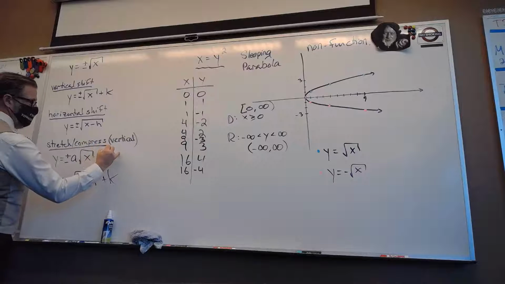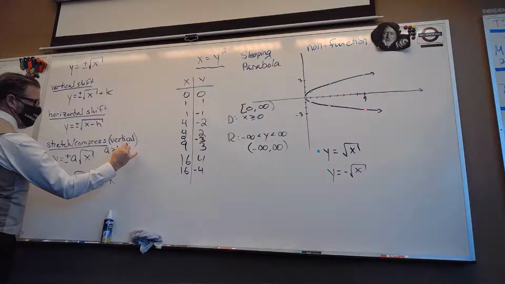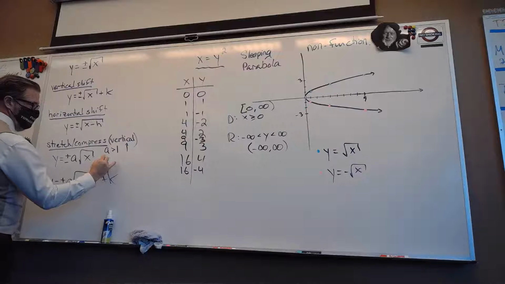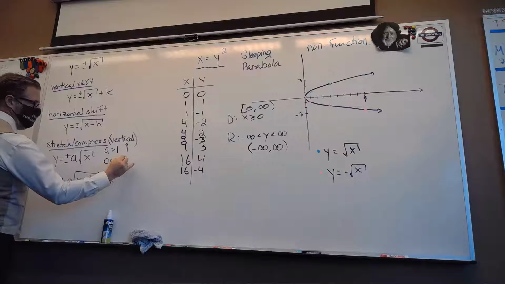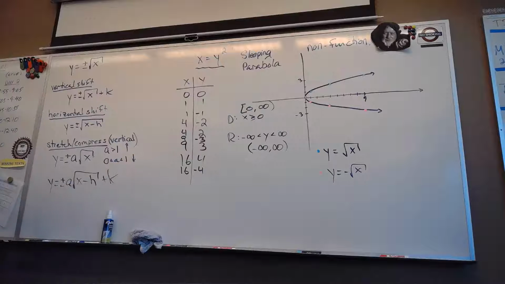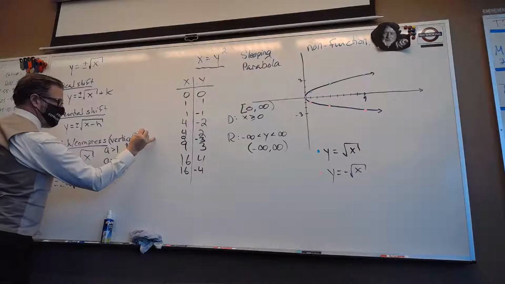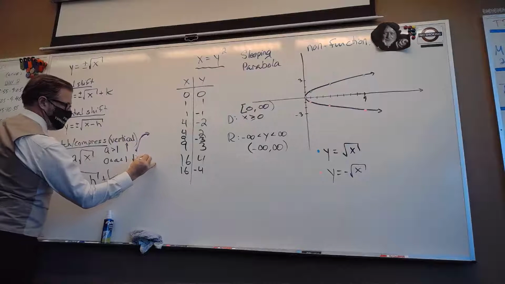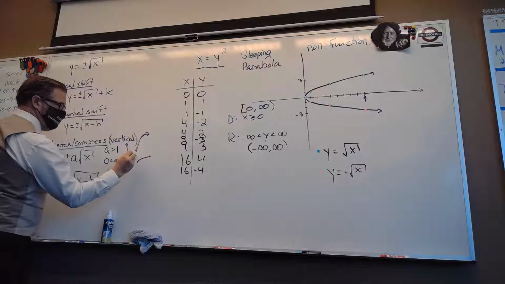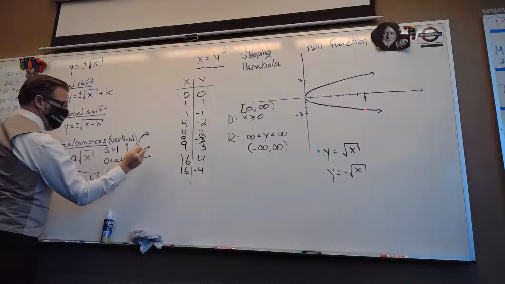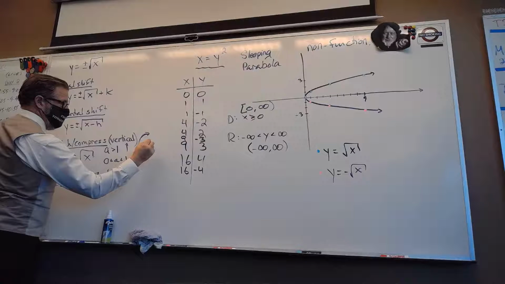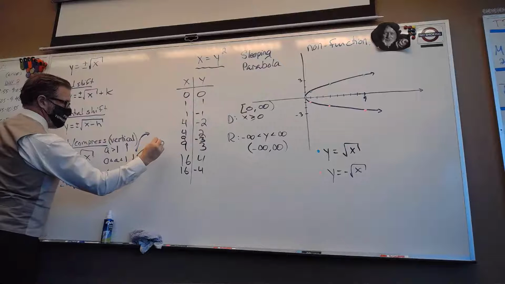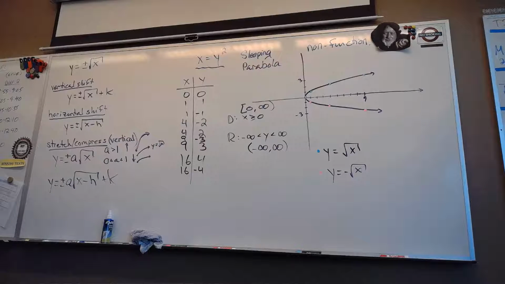A is greater than 1, it gets taller. A is between 0 and 1, it gets flatter. So I would have this versus this. And then in the middle is my y equals square root of x. Okay.